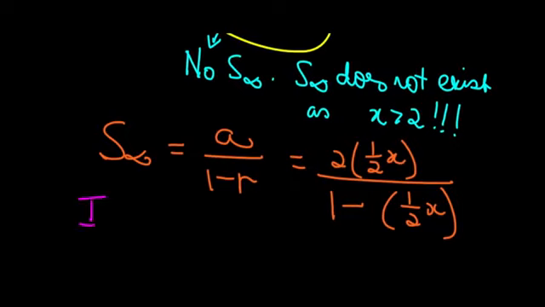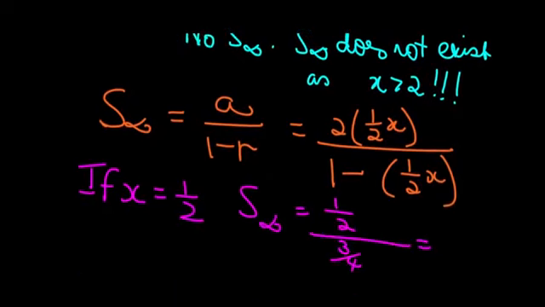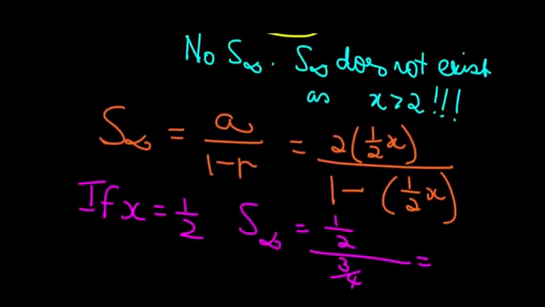So if x equals a half, then a is 2 times a quarter, which is a half, and then we're dividing it by 1 minus a quarter, which would be 3/4, and so our sum to infinity would equal a half times 4 over 3, so that would be 2 over 3.